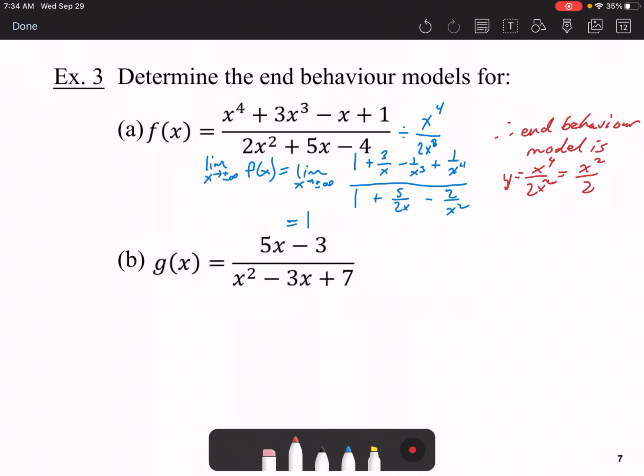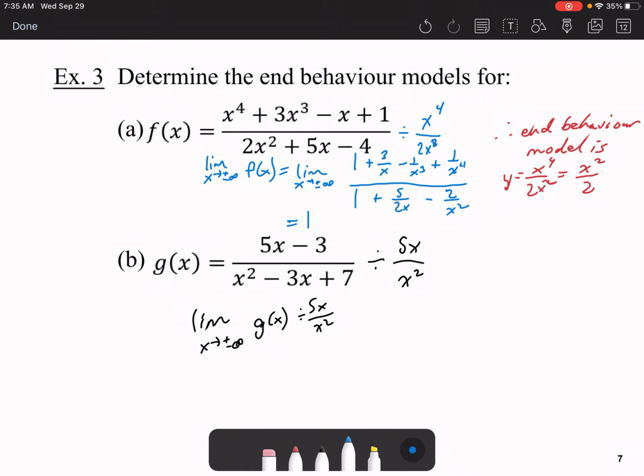So let's try that again with part B. We're going to divide the numerator by 5x, and we're going to divide the denominator by x squared. So the limit as x approaches plus or minus infinity for this one, for the function g of x, divided by that 5x over x squared.